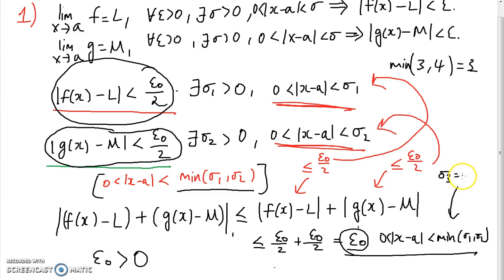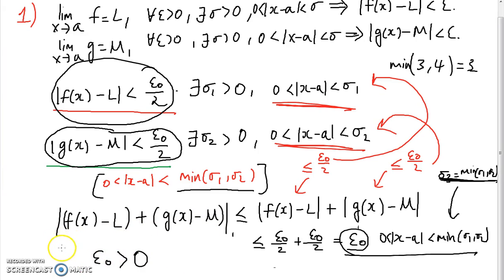So let's say delta 3 is the minimum of delta 1 and delta 2. So we were definitely able to find a number. The number is the minimum of delta 1 and delta 2. So that as long as the distance between x and a is less than the minimum of delta 1 and delta 2 and larger than 0, the distance between f(x) + g(x) and L + m can be made less than epsilon 0.